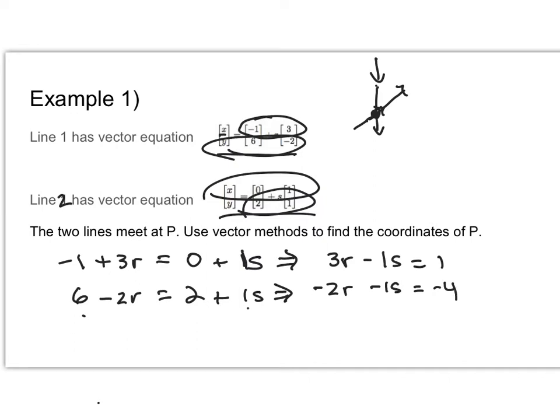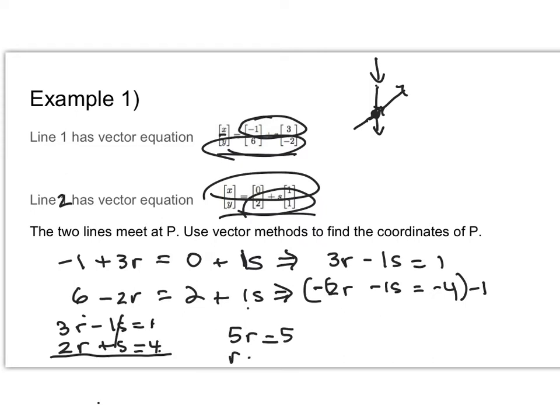I'm going to take my second equation and multiply the whole thing by -1. And I'm going to keep my first equation the way it is. And that's going to give me 2r plus s equals 4. Now I can add my two equations, and that gets rid of s, and that gives me 5r equals 5, since 1 and 4 is 5.